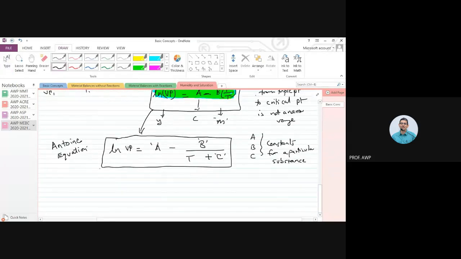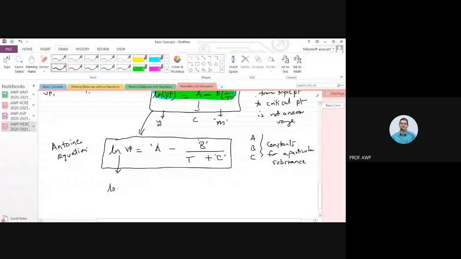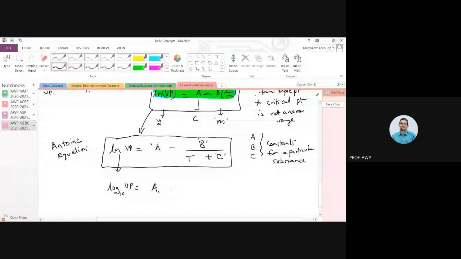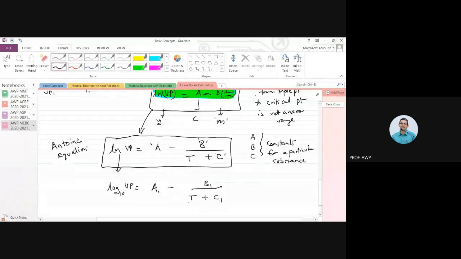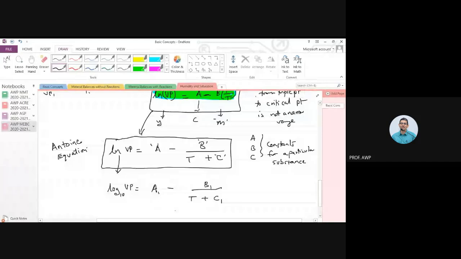Sometimes this vapor pressure is given in the natural log form, or sometimes in log to the base 10. Again, you will have a new constant, some A1 minus B divided by T plus another constant C1. Constants will obviously be different.